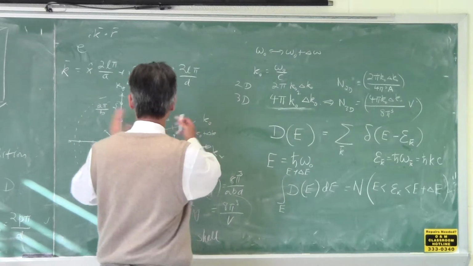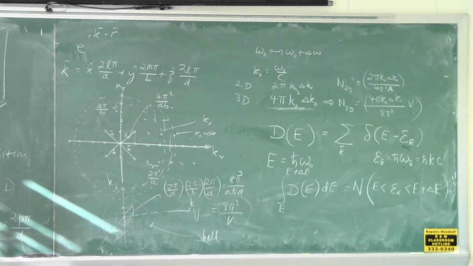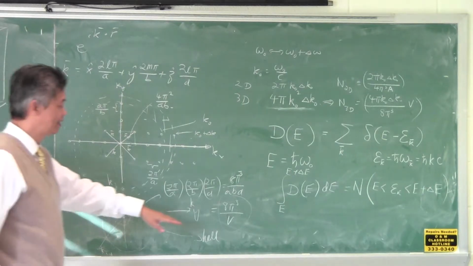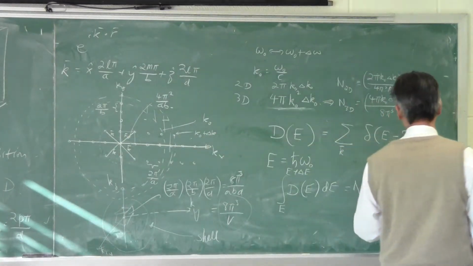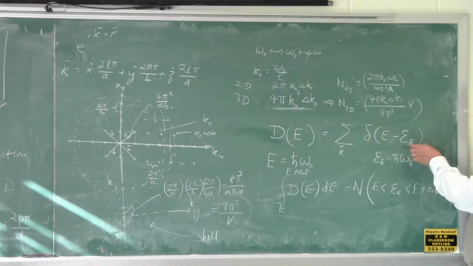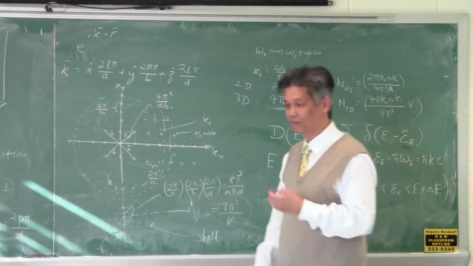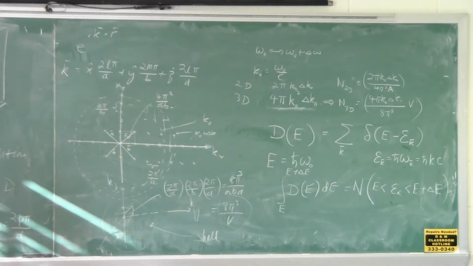So when I integrate that function over a shell, I automatically pick up all the modes. It will automatically pick up the number of modes where this E sub k is in this interval, using the shifting property of the delta function. So this is a very clever way to write the density of states for countably infinite states using periodic boundary conditions. Are there any questions so far?